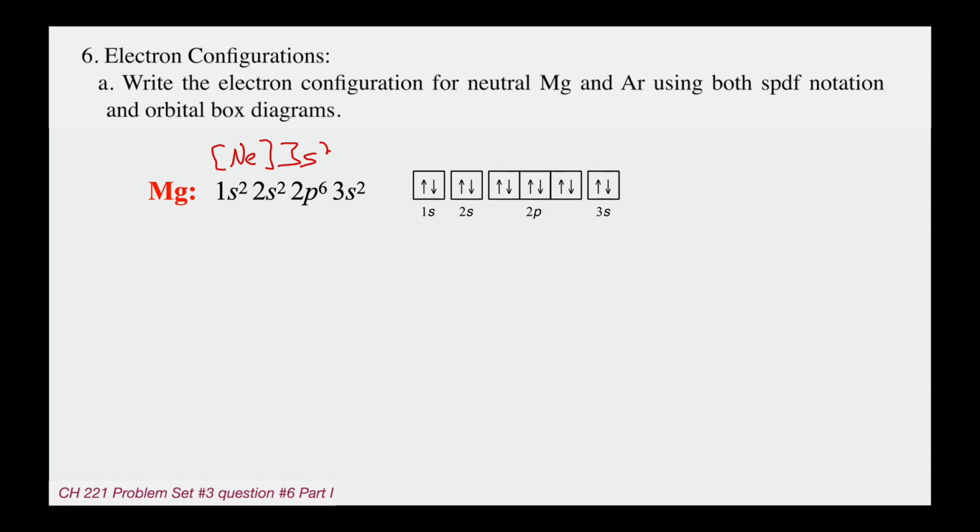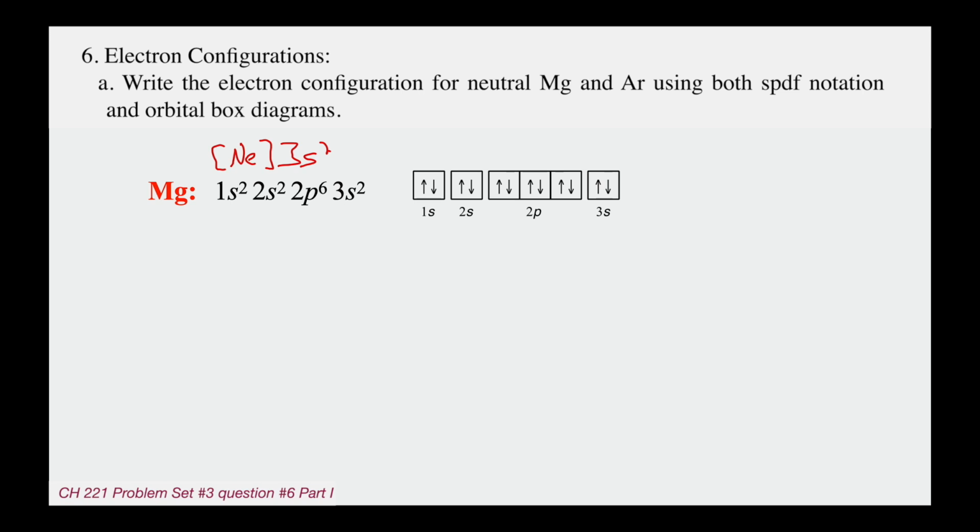That's totally fine. The noble gas notation is awesome. Now, the right-hand side shows the orbital box notation. And orbital box notation is great for seeing if something is paramagnetic or diamagnetic. Each orbital is represented by a box. So the s orbitals have 1 box. The p's will have 3. Remember, p means L equals 1, m sub L negative 1, 0, plus 1.